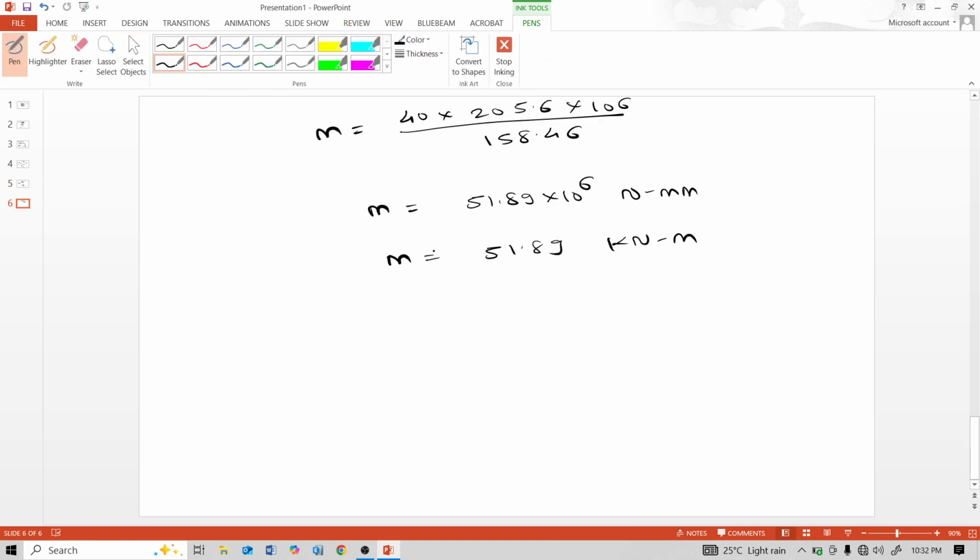Now to find the safe uniformly distributed load, equate the moment of resistance with the bending moment.